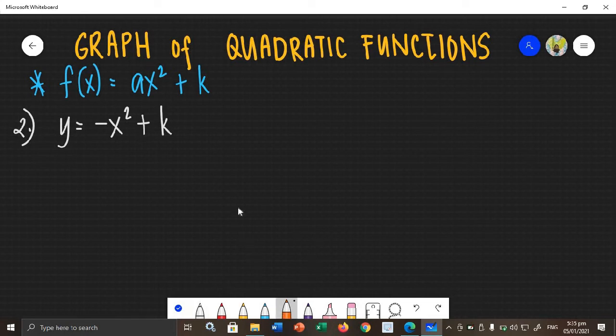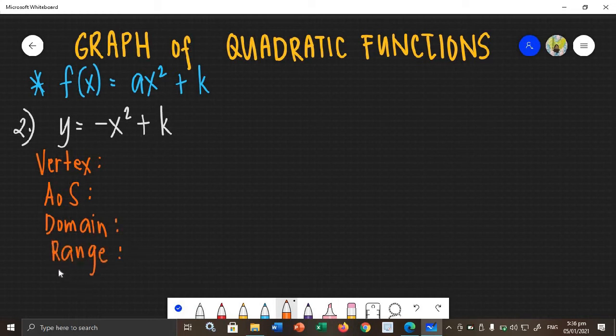Again, list down all the values of the vertex, axis of symmetry, the domain, the range, and then the direction of parabola below the graph.